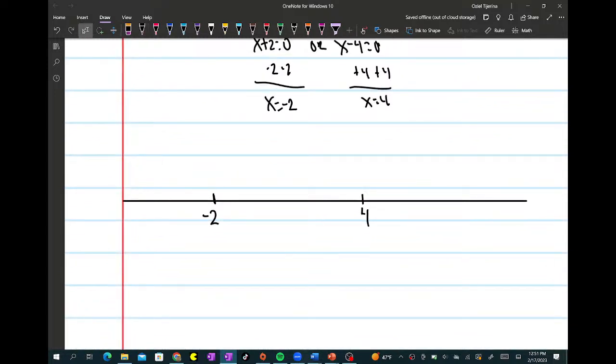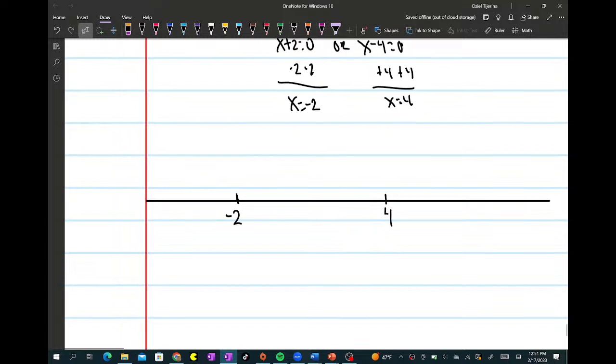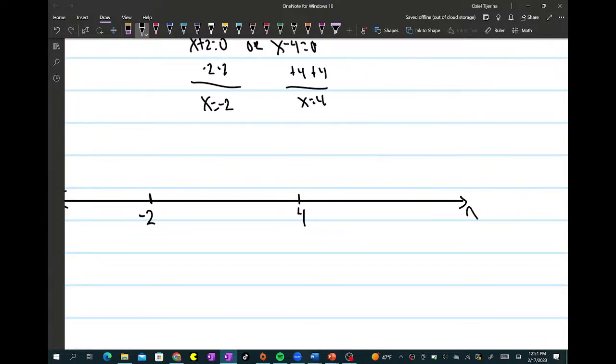That does not mean that they're included in the interval. That just means that those are the x-intercepts, and we're going to test between those numbers. So it goes from -infinity to -2, -2 to 4, and then 4 to infinity.